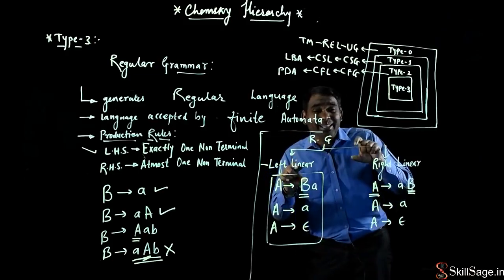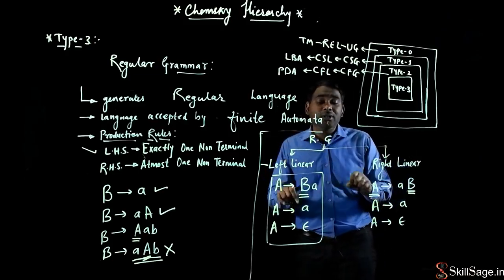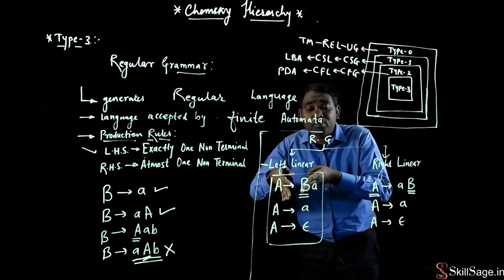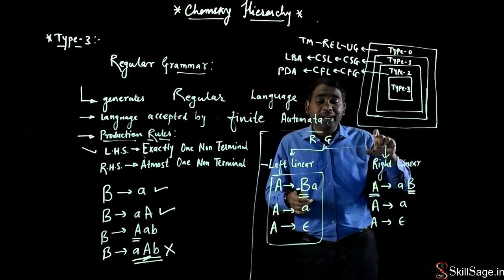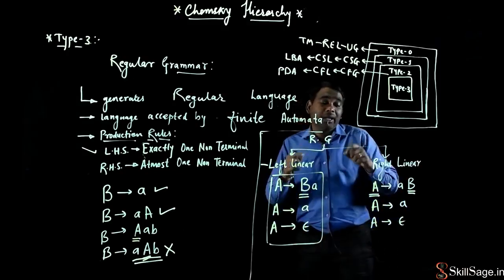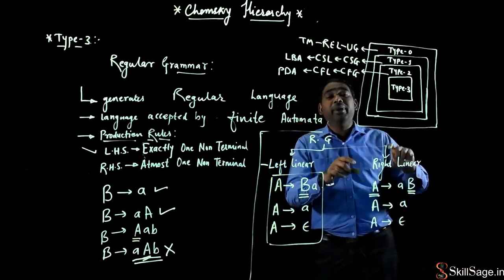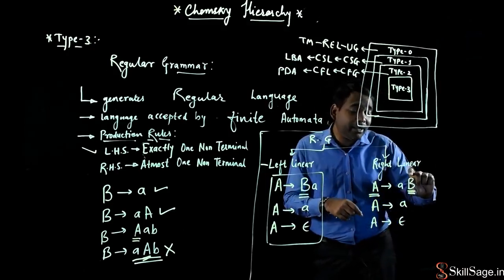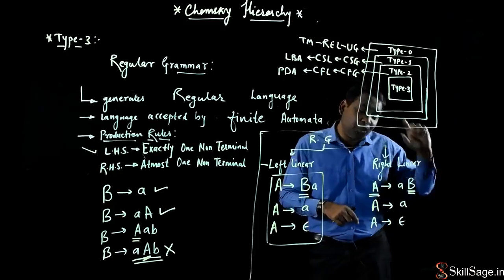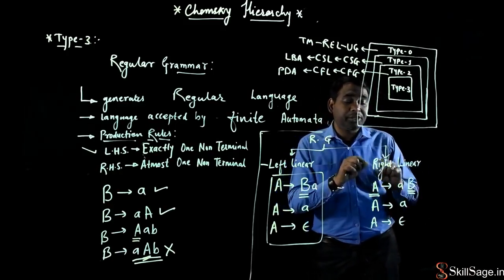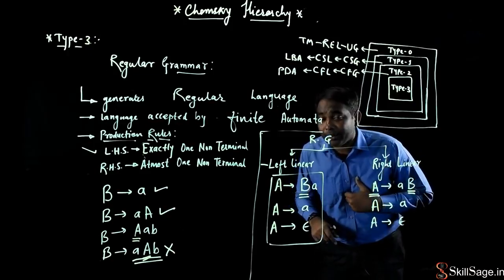If it is present on the right hand side and the position of that non-terminal symbol is the leftmost symbol, then it is my left linear regular grammar. Or else, if the non-terminal symbol on the right hand side is the rightmost symbol, then this production rule belongs to a right linear regular grammar.